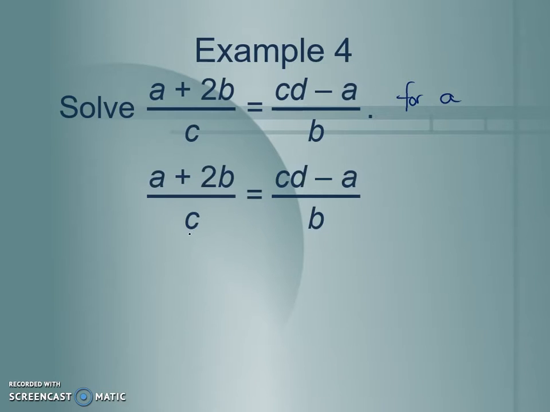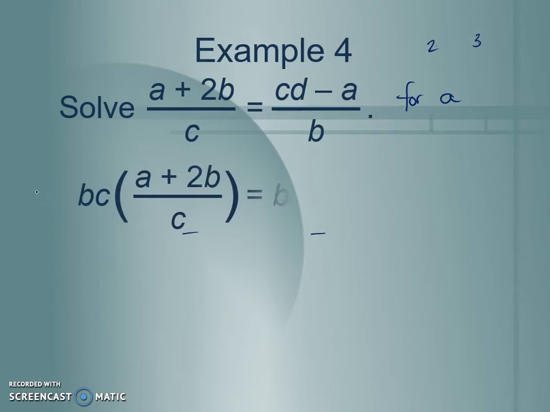So what's our common denominator? Well, if I have a c and a b, just think about it. What if I had a 2 and a 3? What would my common denominator be? I'd multiply by 6. Well, how did I get that? I multiplied the 2 times the 3, right, to get the 6. So in this case, I would multiply my c times my b to find our least common multiple. So I'm going to multiply both sides by bc.